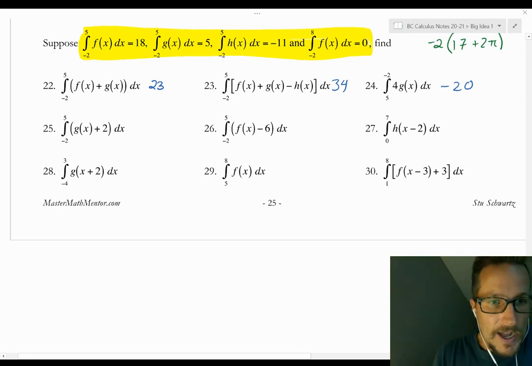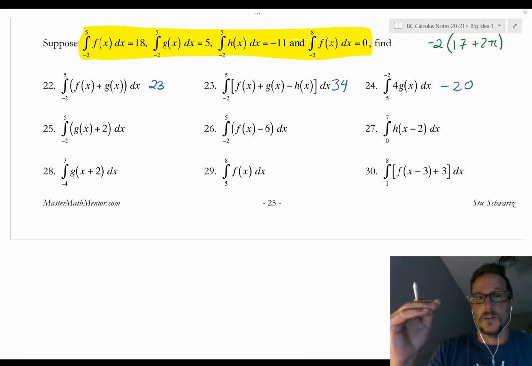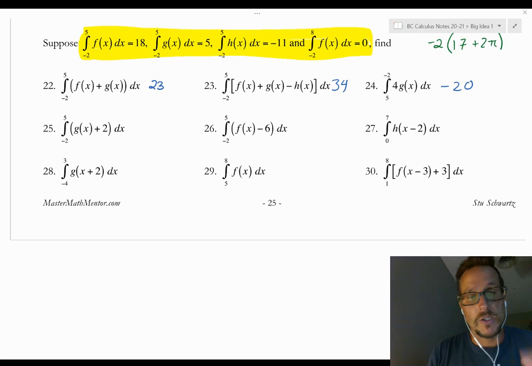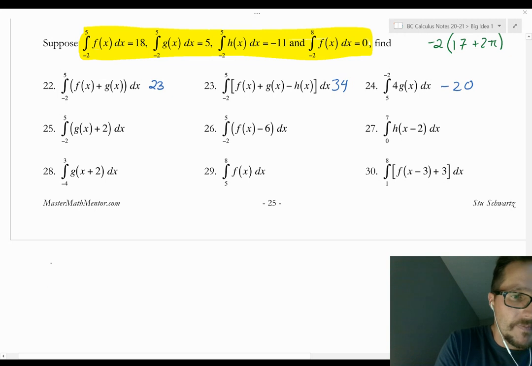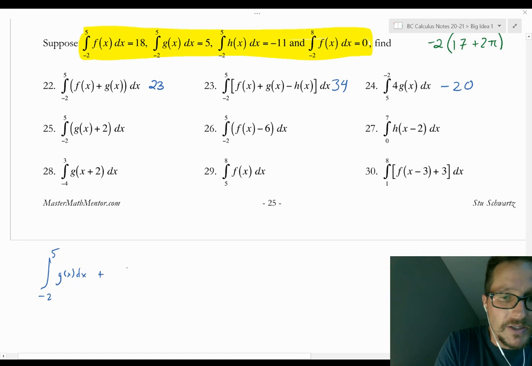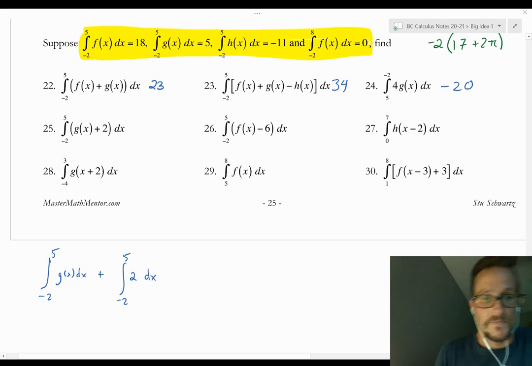Okay, 25. That is like a vertical shift on the graph of g. And it's actually a sum of functions. So by the properties, we can break that apart. So negative 2 to 5 of g of x dx plus the definite integral from negative 2 to 5 of 2 dx.